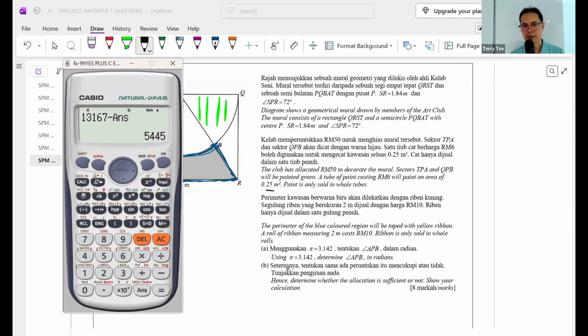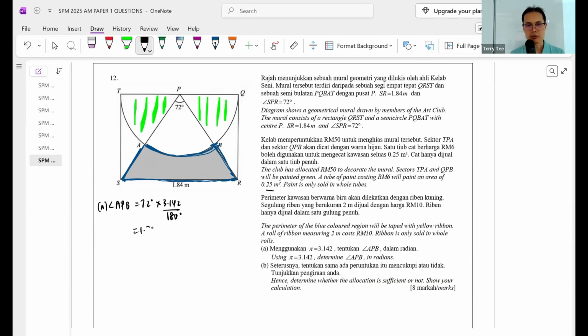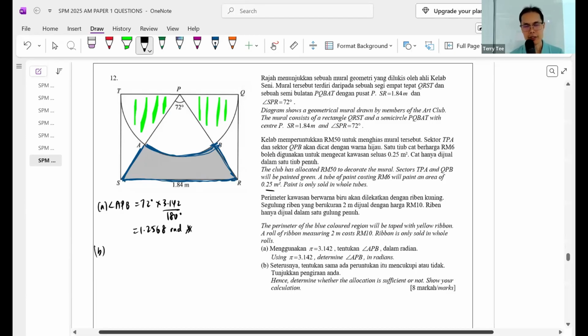You will get 1.2560. I'll take the whole thing, I know you round off. Yes, this is 5 significant figures. Okay, part B. Hence, determine whether the allocation is sufficient or not. Show your calculation.